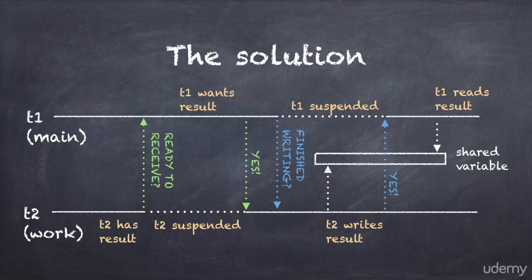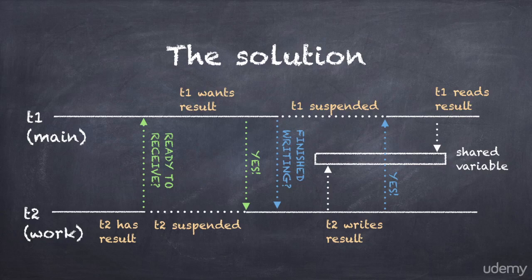The main thread should signal to the work thread that it is ready to receive a result, and then it should ask the work thread if it has finished writing the result and suspend until it gets a confirmation.